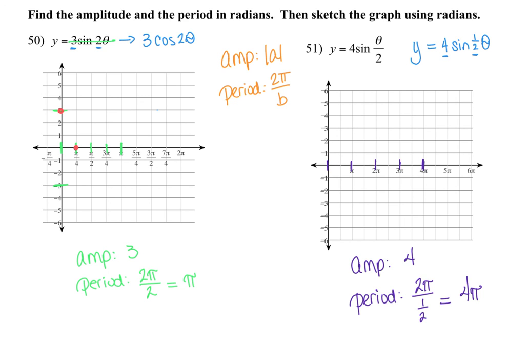Halfway, you're at your lowest point. Third quarter, you're at your midline again, and you end always where you started. That's what a period tells you to do. And then you just connect those with your curve. Arrows at the end tell you that this is a continuous infinite function.